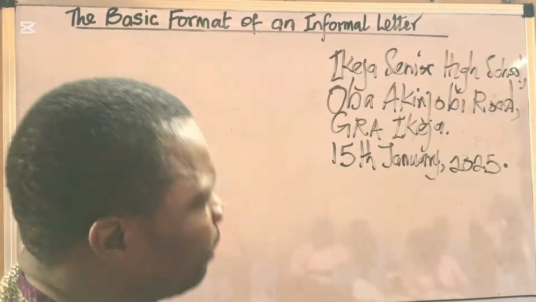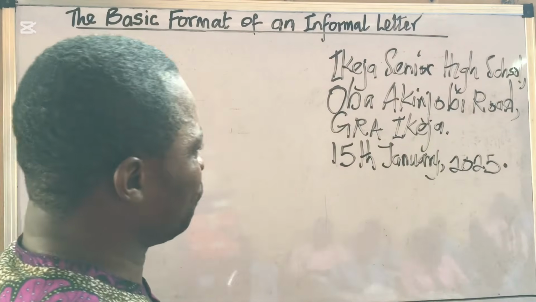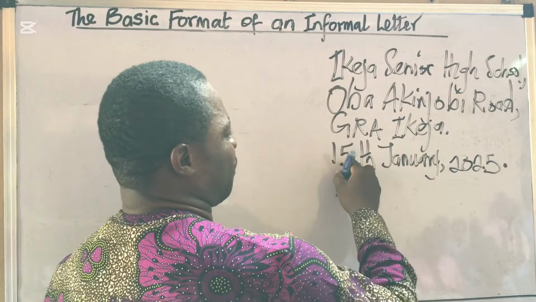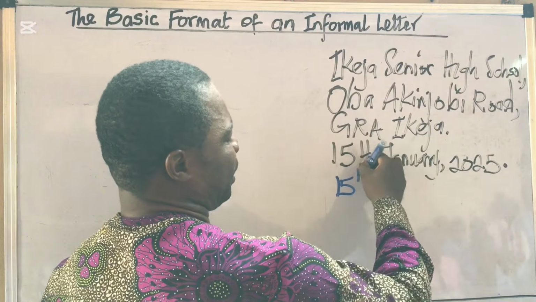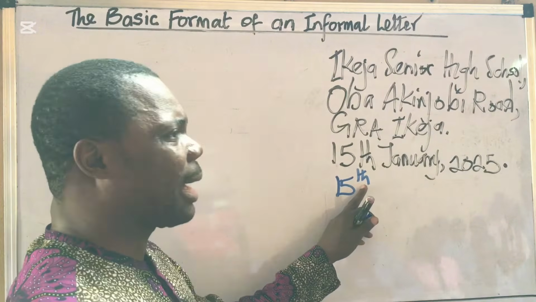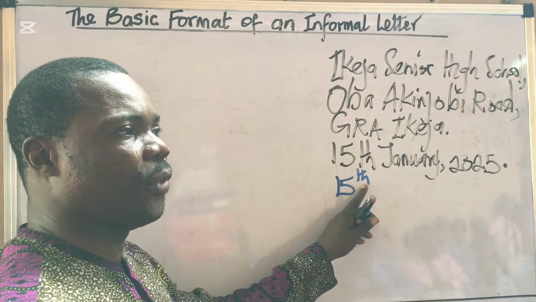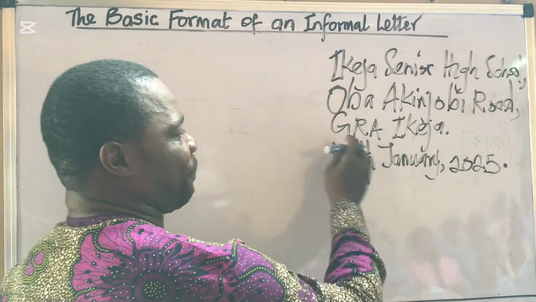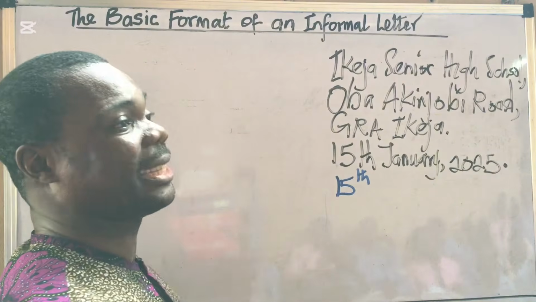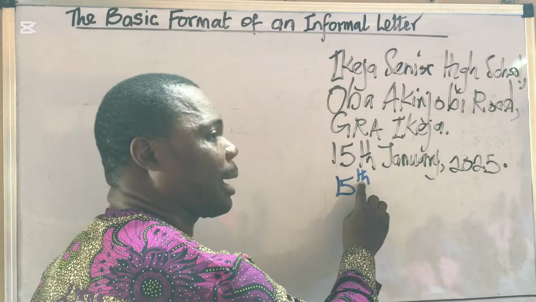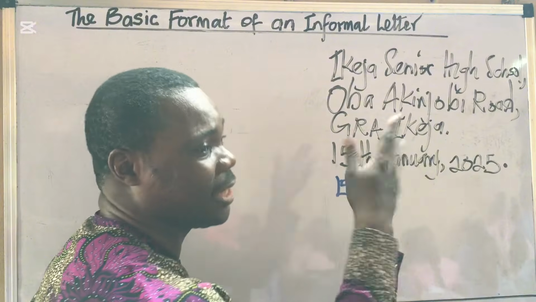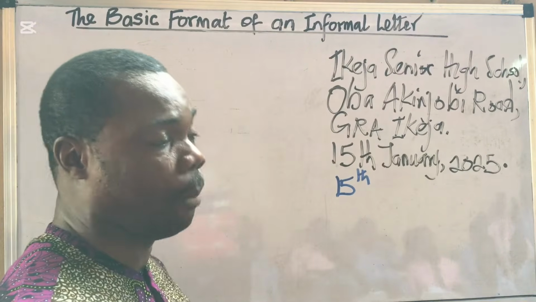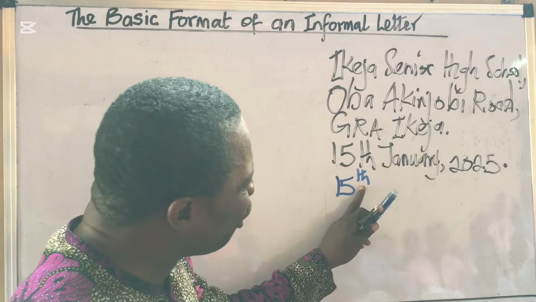Please, be very careful. When you write something like 15th, and you move the ordinal marker to the top of the cardinal number, this is called a cardinal number, while 15th is called an ordinal number because it has been marked with an ordinal marker, TH. This one does not represent dates.